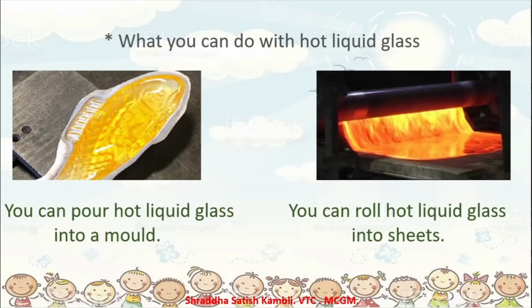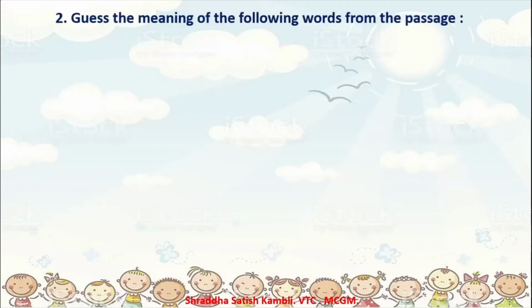In the same way, you roll out this hot liquid glass and you get sheets of glass. Now there are some more things that you can do with hot liquid glass. So please check and read the passage in the textbook and try to find out what else you can do with hot liquid glass.